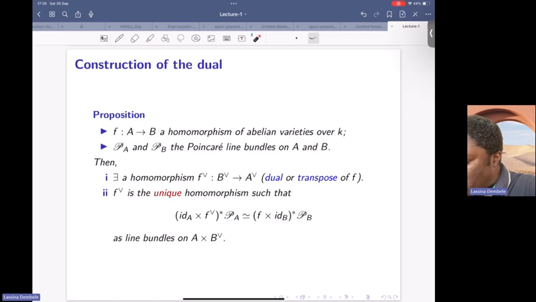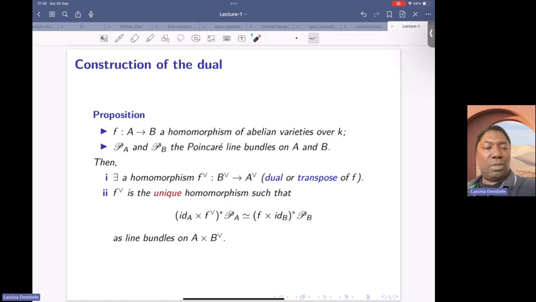And then you let P_A and P_B be the Poincaré line bundles coming with the dual abelian varieties for A and B. Then the proposition says that there is a homomorphism which you call F dual going from B dual to A dual. And this, we call it the transpose of the dual abelian variety.